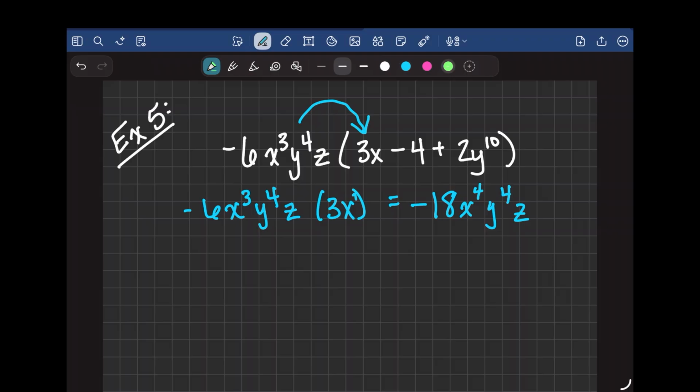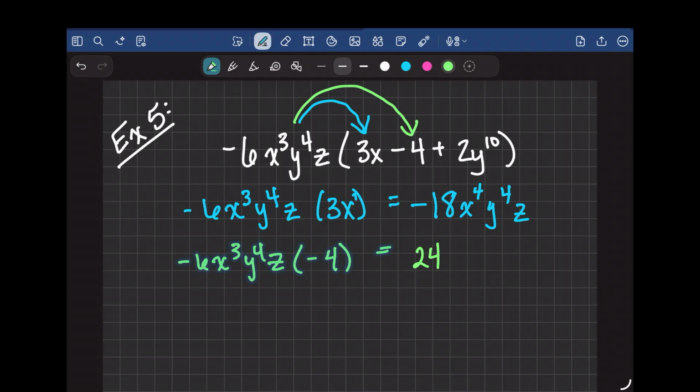Then I do the first term times that negative 4. So rewriting all of that again. We multiply that with negative 4. So here we have negative 6 times negative 4, which is a positive 24. And then we don't have any variables to combine, so I can just rewrite my starting variables right away. From here, I'm going to multiply that first term times my last one.